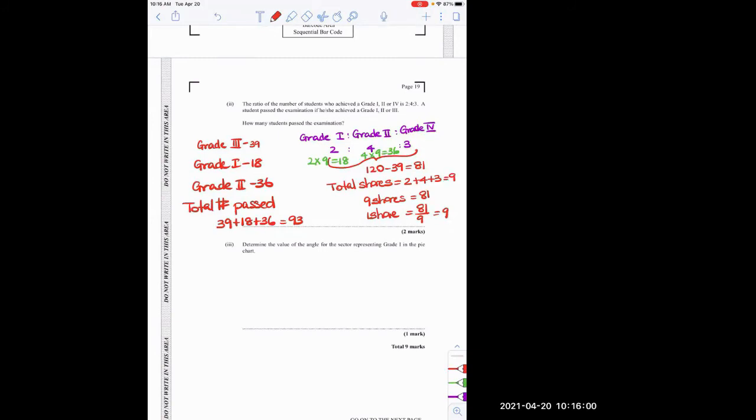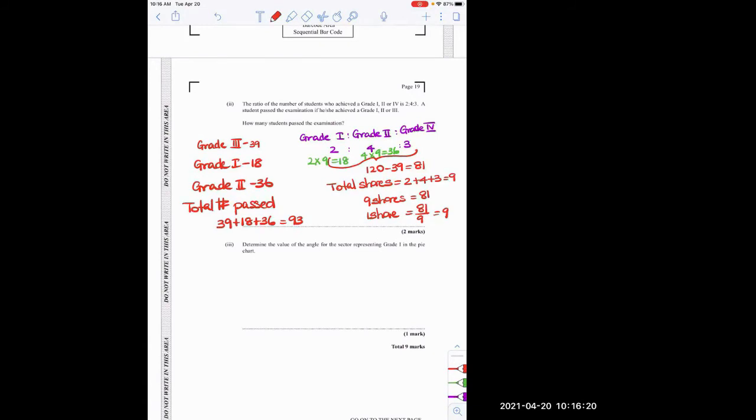Yes, Andrew, go ahead. Miss, I went about it this way: they say 39 students is represented by 117 degrees. So I divided 117 degrees by 39 and I got 3 degrees is equal to one person.